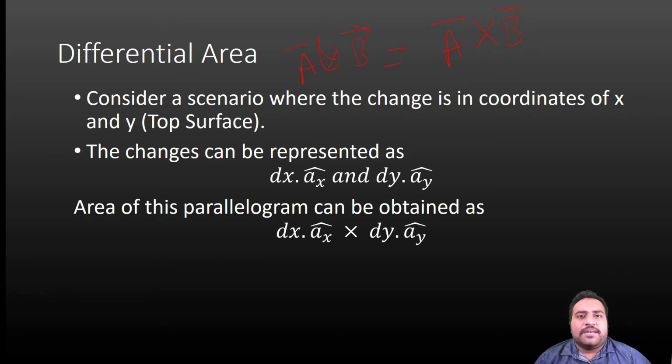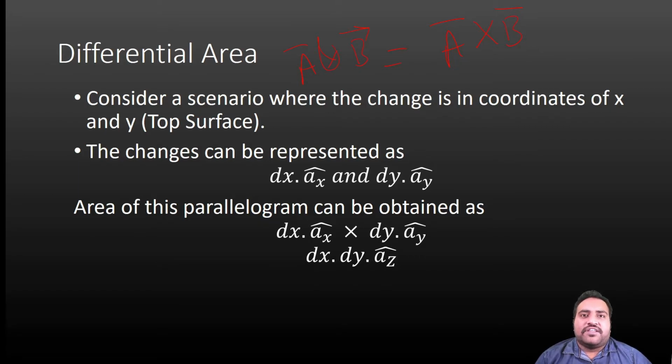Now, magnitudes can be separated, that is dx dy times ax cap cross ay cap. Ax cap cross ay cap is nothing but az cap, that is our normal. Our normal to the top surface is dx dy az cap. That is the differential area element for the top surface.